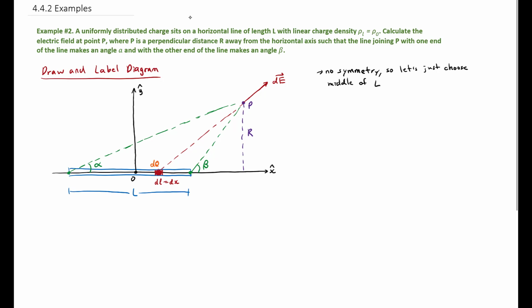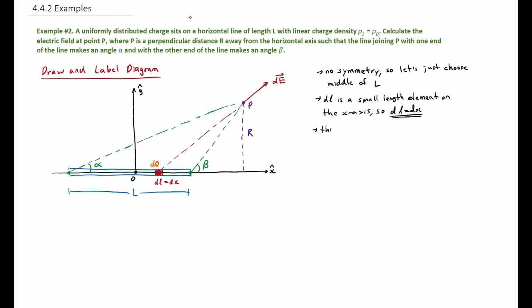There's still more to label. So we can say dl is a small length element on the x-axis. We know dl is equal to dx, that we've discovered already, but we still have to write it down.